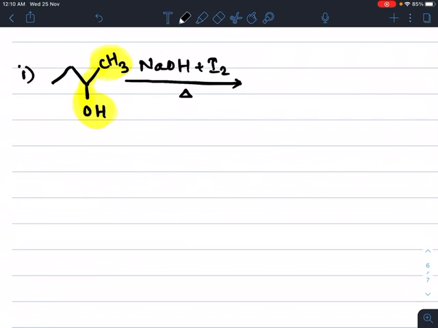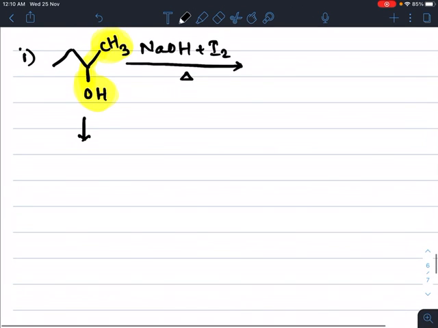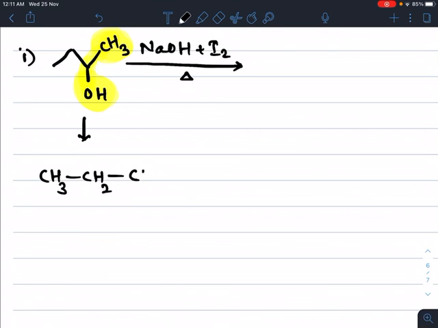If I convert this formula into its structural form, this is a 4 carbon containing alcohol, and the carbon attached to the OH group makes this a secondary alcohol.